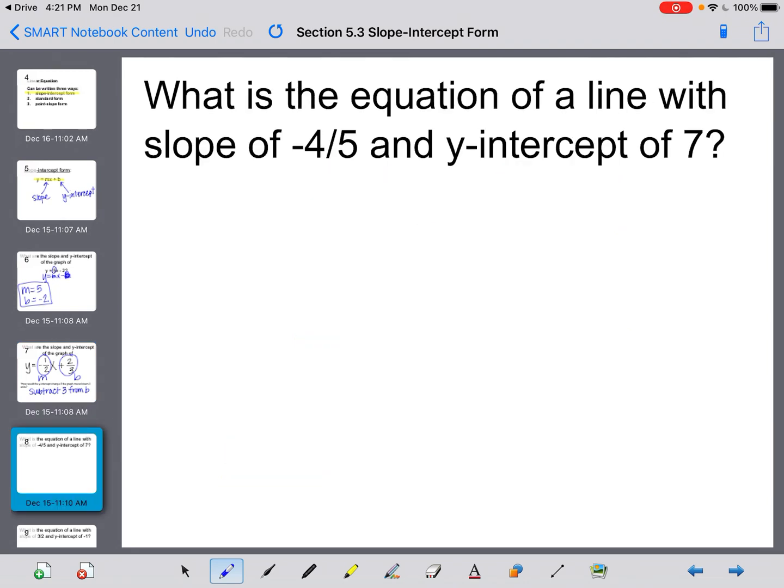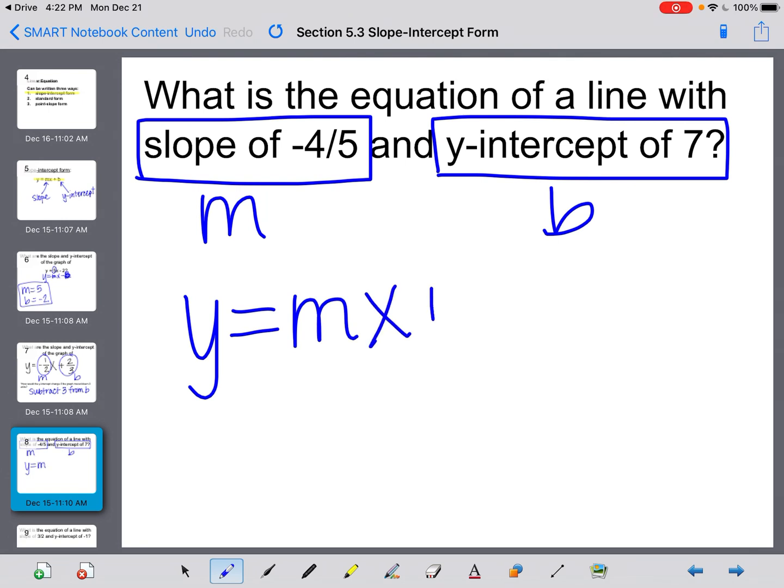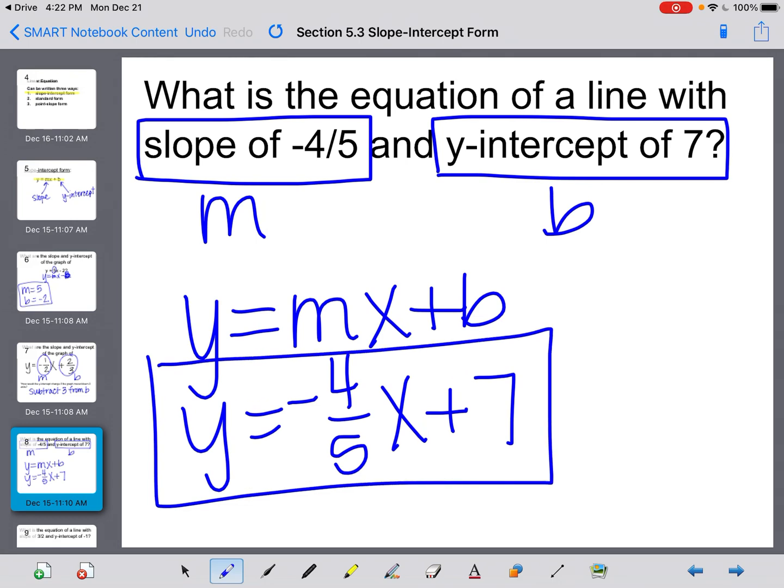Okay, what is the equation of a line with a slope of negative 4/5 and a y-intercept of 7? Remember slope is represented by the m and y-intercept is represented by the b. So in our linear function, y equals mx plus b, we're going to plug negative 4/5 in for m and 7 in for b. And we get our equation.